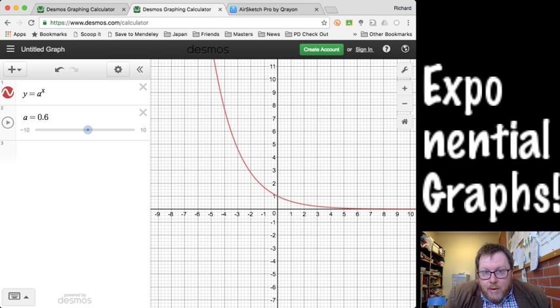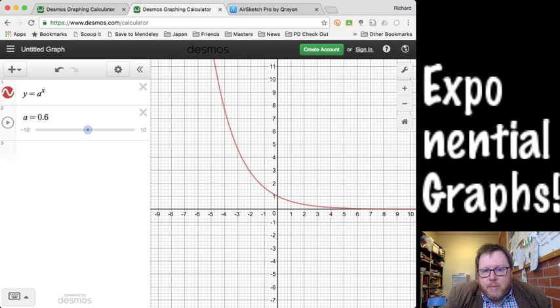But because it's a fraction, when I raise a fraction to a big power, I'm going to get a very small number, hence it's approaching 0. When I raise a fraction to a negative power, I'm going to get a very big number, and hence it's increasing below 0. Remember, this is the power effectively here.